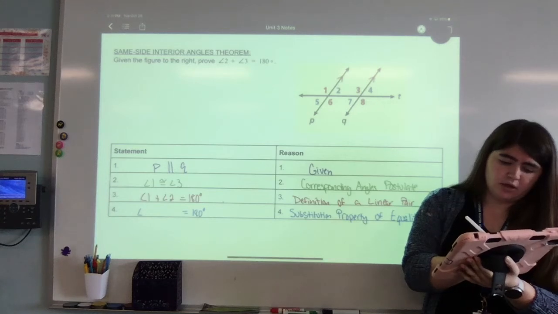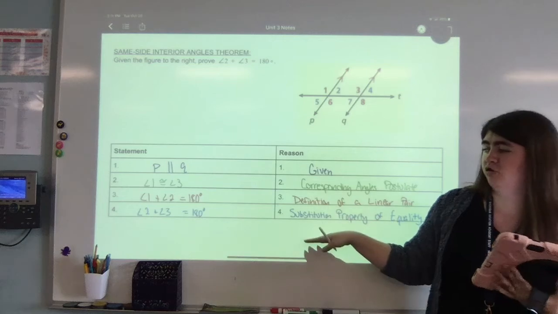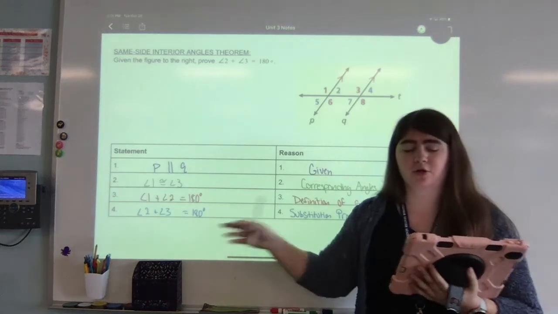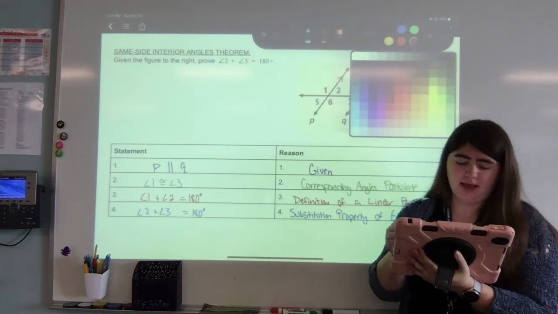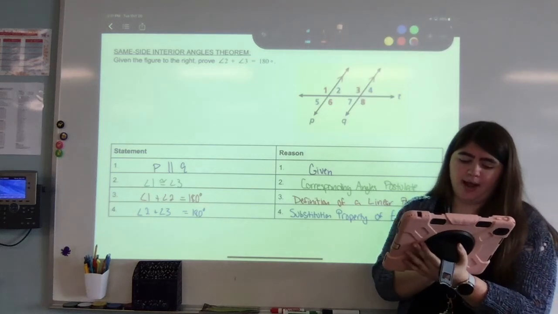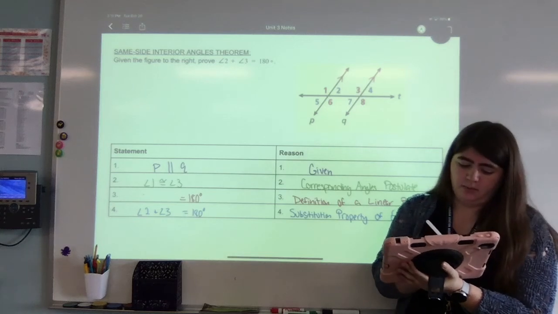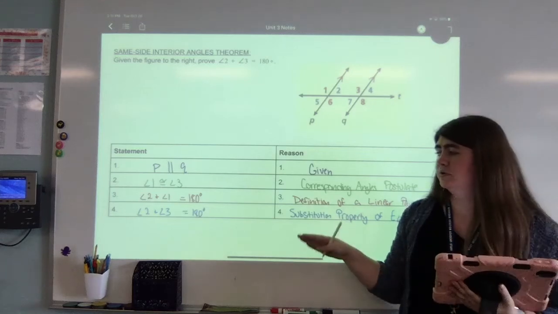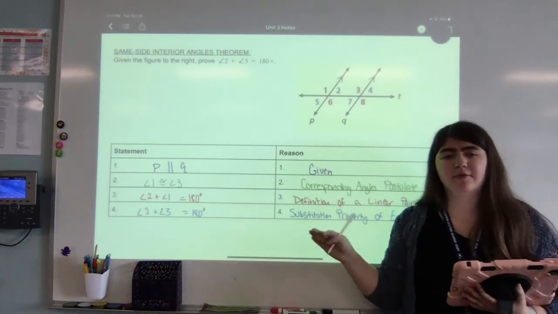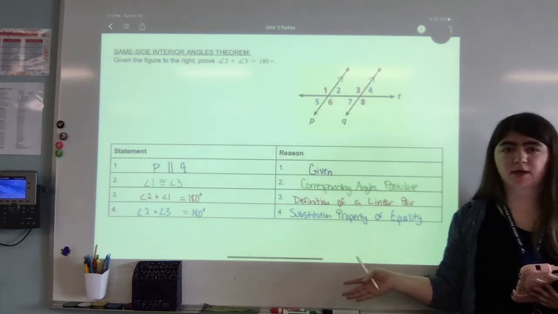I will say, though, that technically, if you want this to be a true proof, if you had those numbers switched around like I just did, you would need to write another line and say that you can flip them by the associative property of addition because they're the same thing. So everything you do in one of these proofs, you have to write it out with its reason, even if it's something that you know you can do. You have to say why you know you can do that.